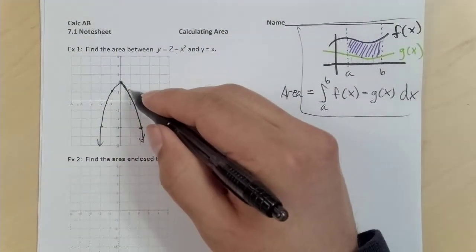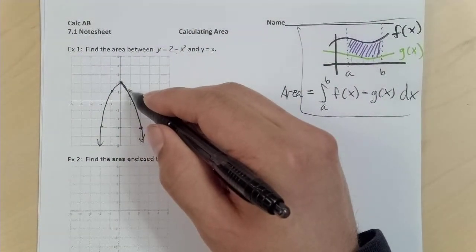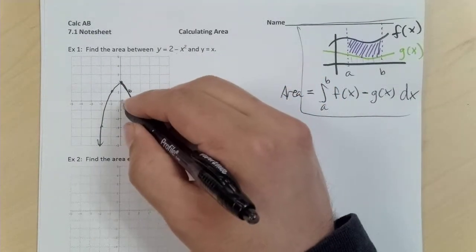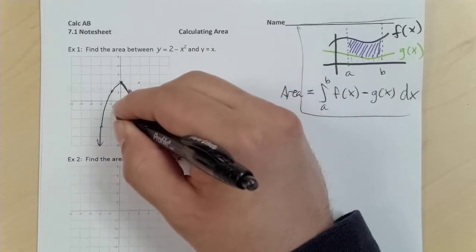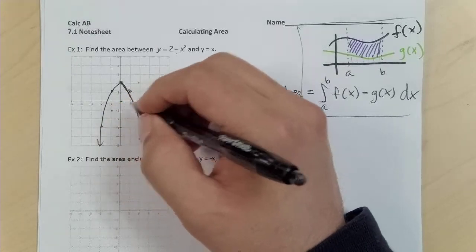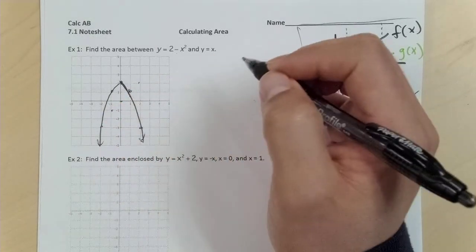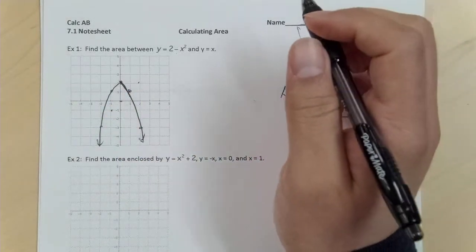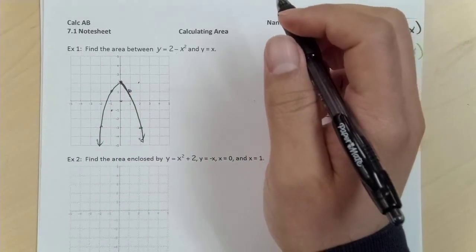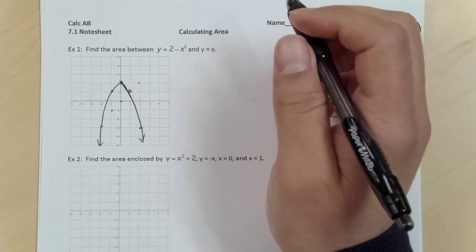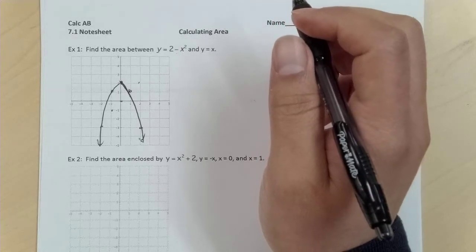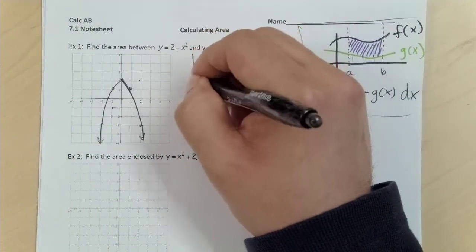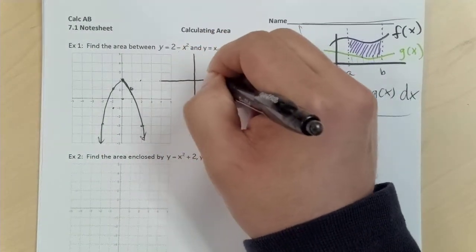I'm a little off here. I just kind of whiffed, just completely missed going through that point, but you get the idea. And I got y equals x, looks something like this. Oh, I'm more than a little off. Hold on a minute. Let me resketch this.